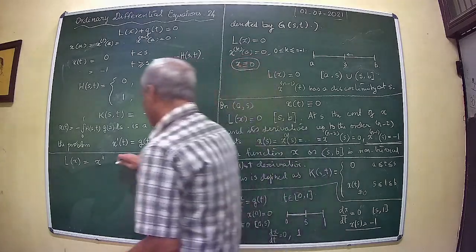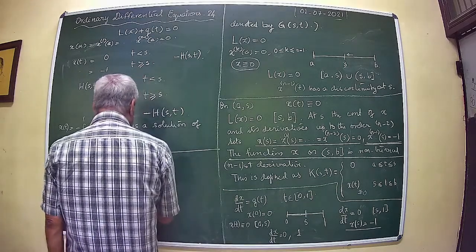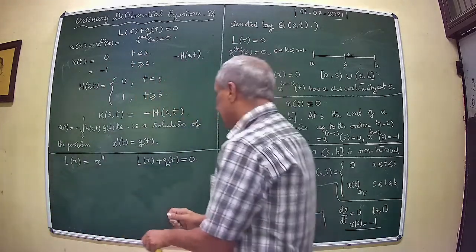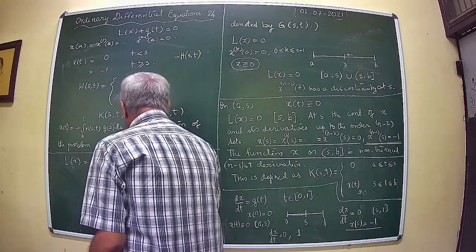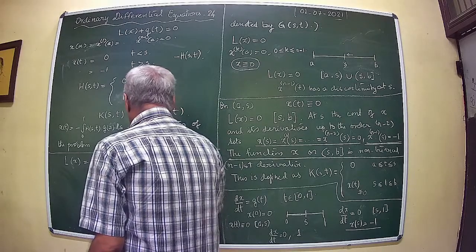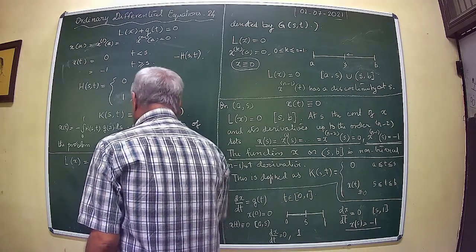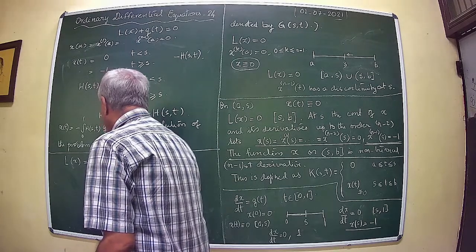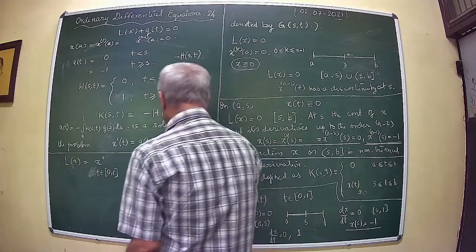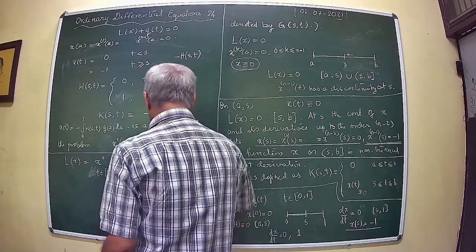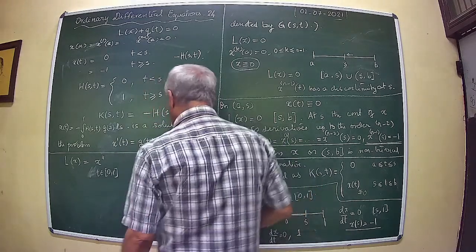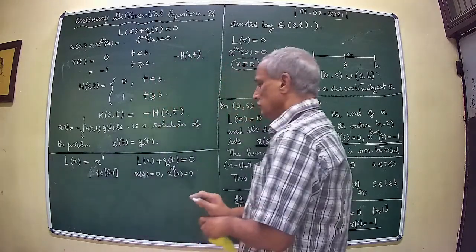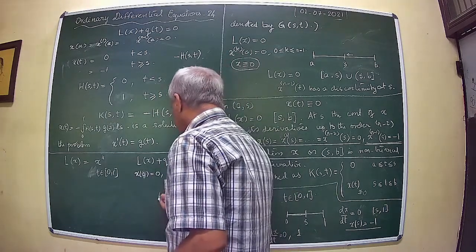So our problem is this: Lx equal to 0 with the initial data x(0) equal to 0, x derivative at 0 equal to 0. Now you take the interval 0 to 1.